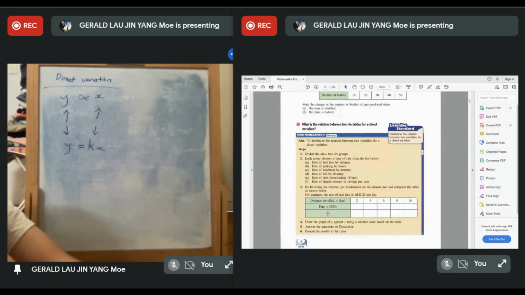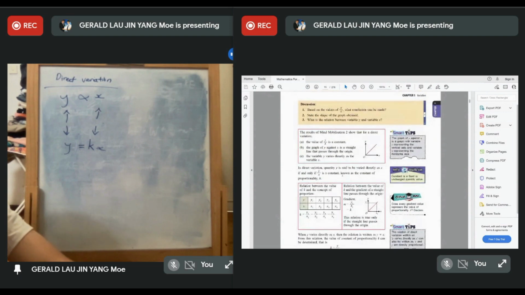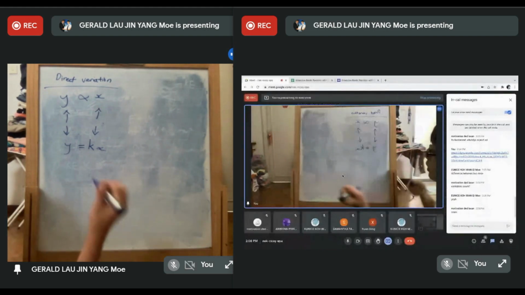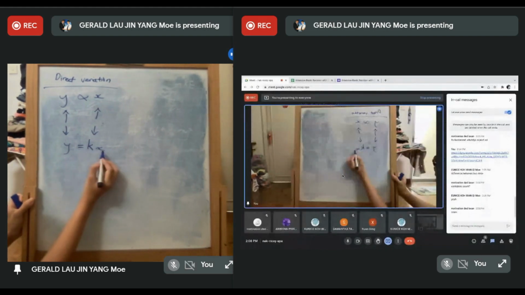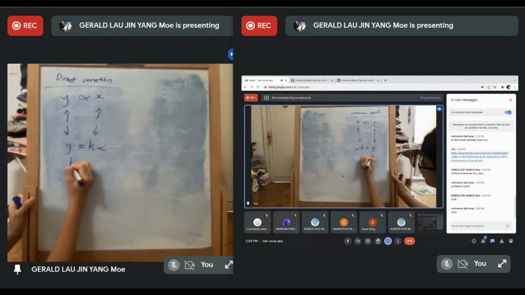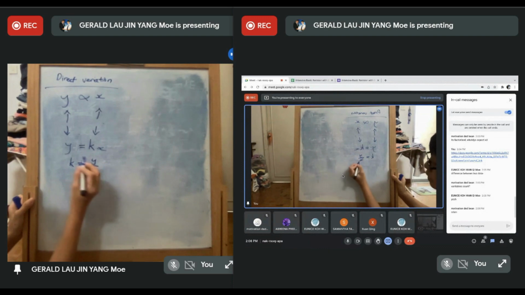Now, the relationship between two variables for direct variation. This is where all the examples come in. So you see, this is a constant. The equation is y equals kx, so the constant is always y over x. The constant is k equals y over x.